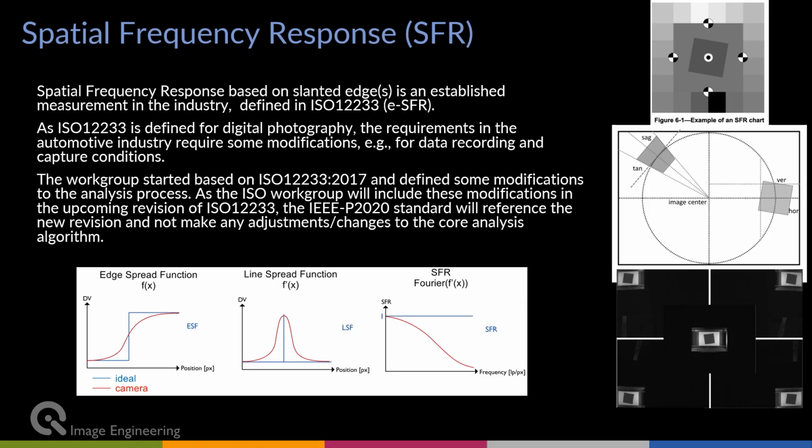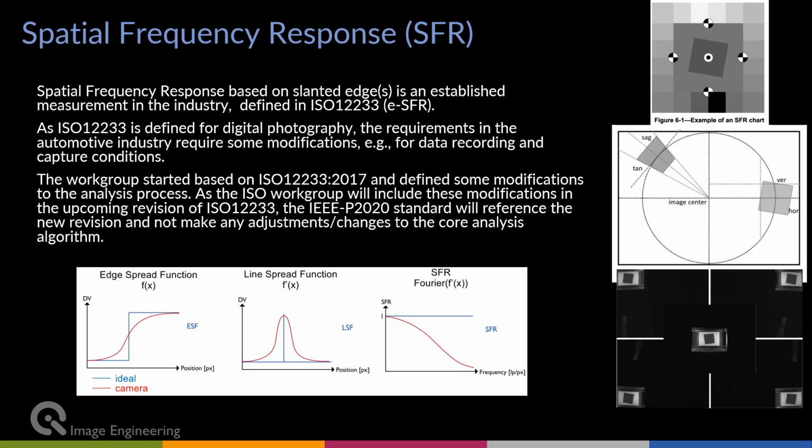So when the workgroup started, there was the ISO standard 12233. The 2017 version was just published, and there was no indication that there was going to be an update anytime soon. So P2020 started to define modifications to the standard that are actually needed. While it took a while to develop P2020, and the ISO committee continued to work on ISO 12233, it is now the case that ISO 12233 was published before the IEEE P2020.